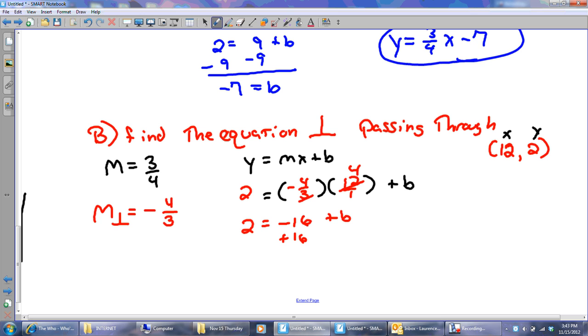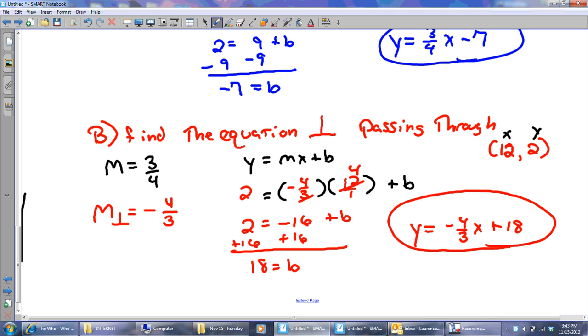Add 16 to both sides. And I'm going to get 18 equals b. Therefore, my new equation is y equals negative 4/3 x plus 18. And it's just that simple.